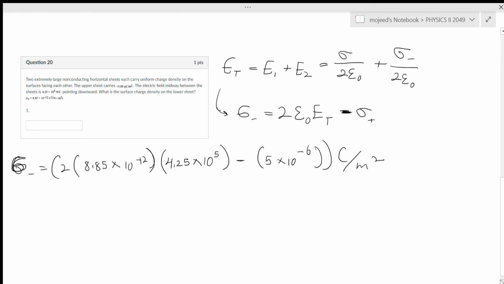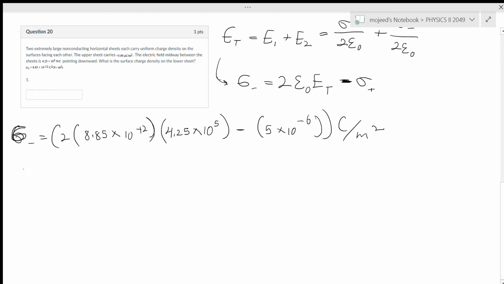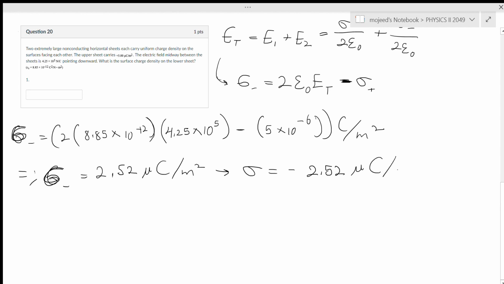And then as the calculation is done, we get sigma negative equals 2.52 microcoulombs per meter squared, which can also be written as sigma equals negative 2.52 microcoulombs per meter squared.